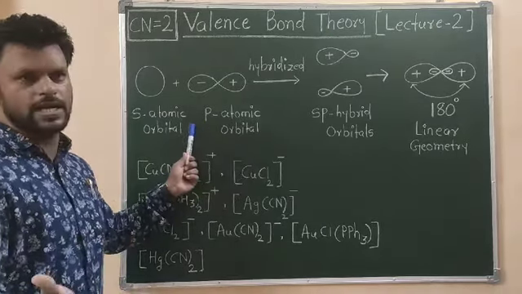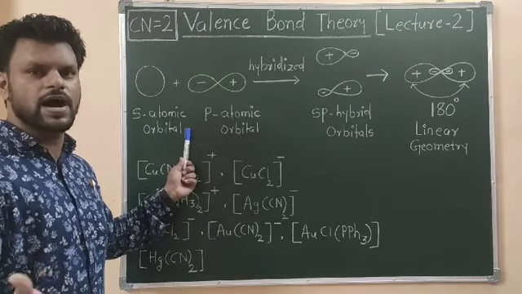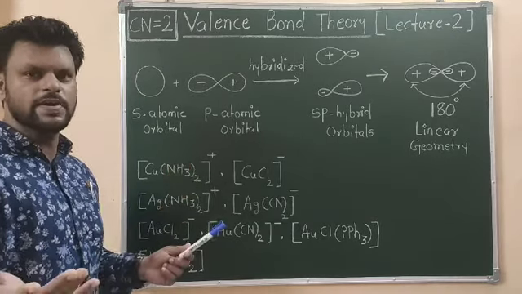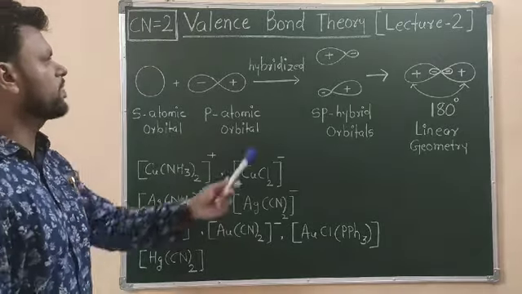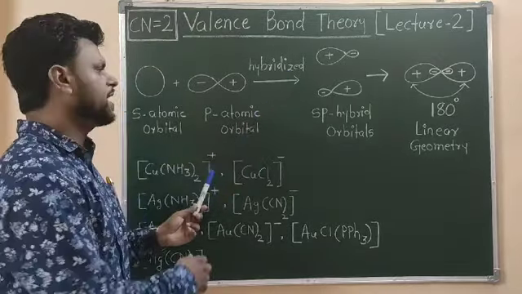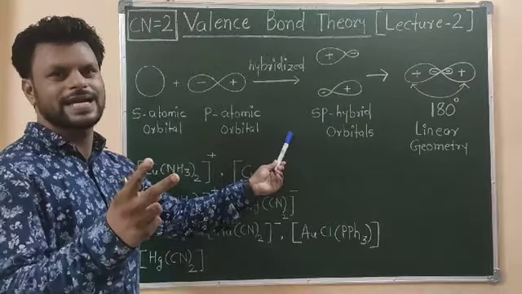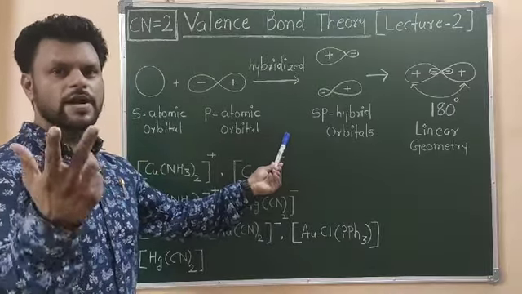If I take p orbitals, we have px, py and pz. For time being, let's consider this is a px atomic orbital. So the s atomic orbital and p atomic orbital of the metal, which are empty, will undergo the process of hybridization, and we will get two equivalent sp hybrid orbitals.